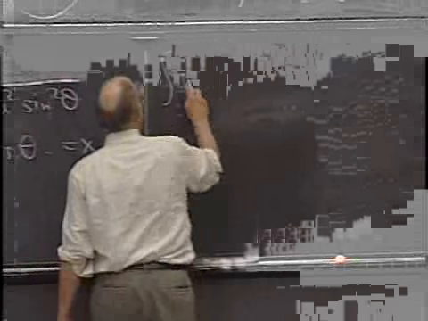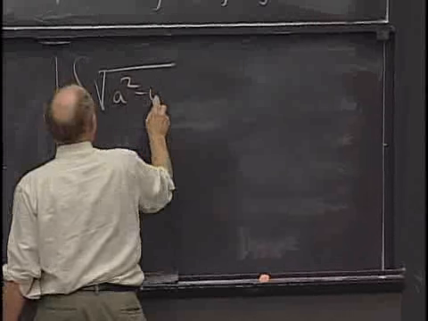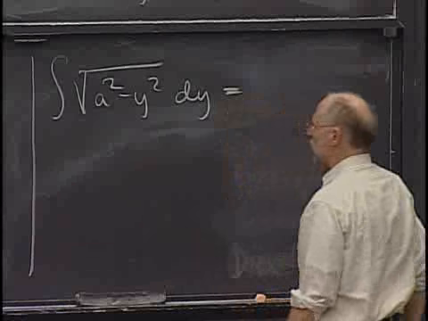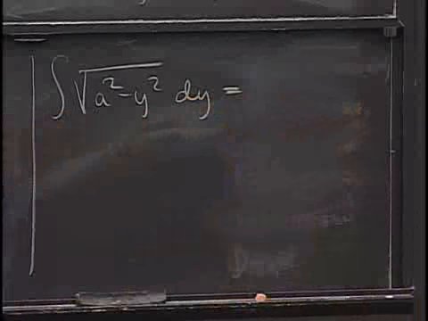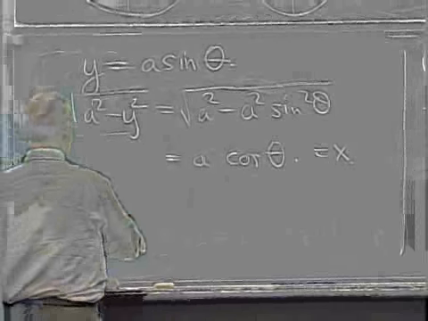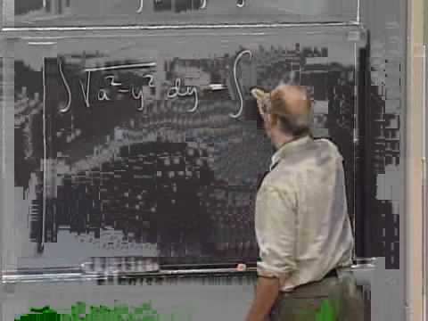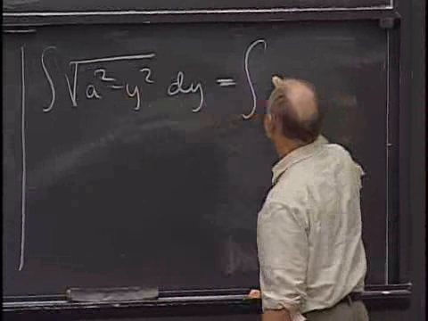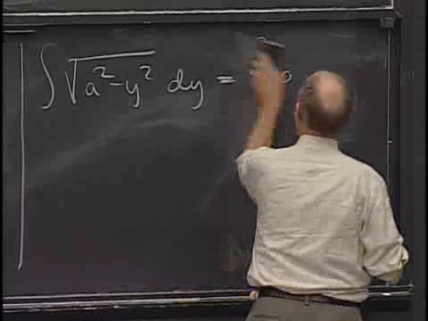So I'm interested in integrating the square root of a squared minus y squared dy. And I'm going to make this substitution: y is a times the sine of theta. And so under that substitution, the square root of a squared minus y squared is a cosine theta.